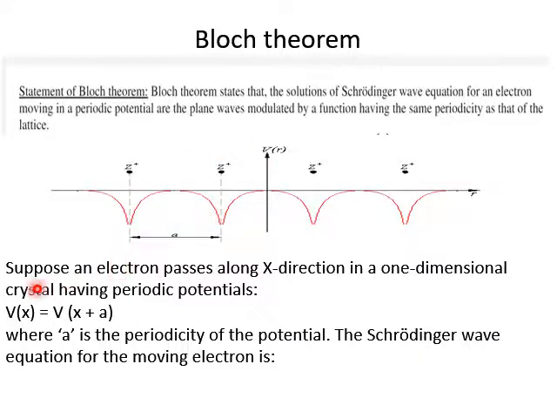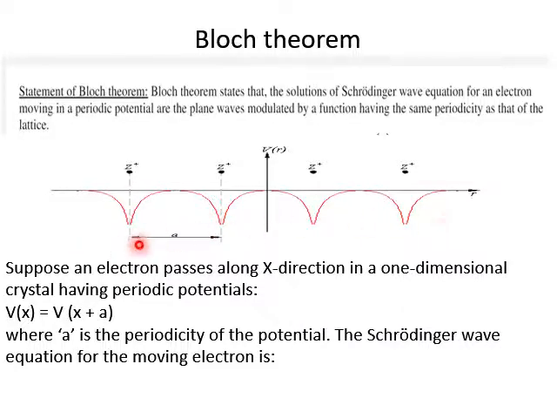It means that potential is known as a periodic potential. Now suppose an electron passes along the x direction in a one dimensional crystal having the periodic potential V(x) = V(x + a). Suppose the electron is here, the position of this potential well is x, and the electron is moving in the x direction.